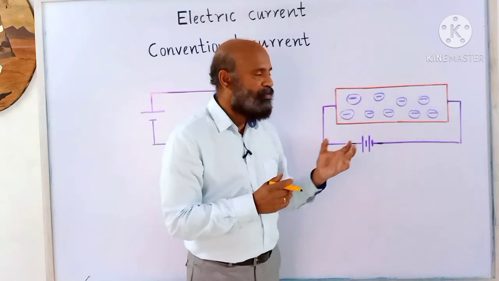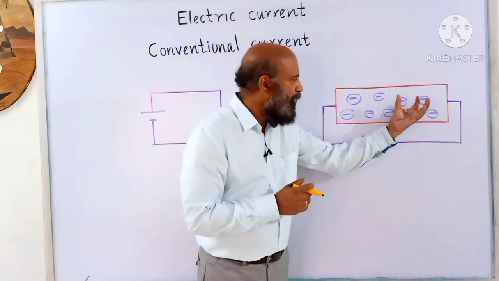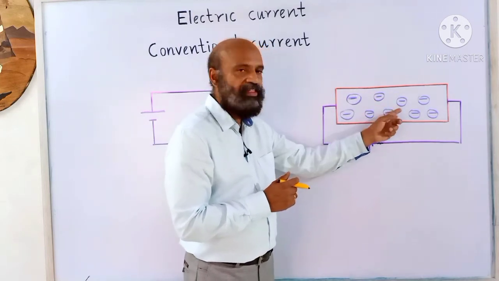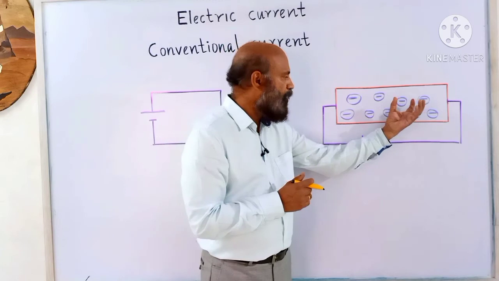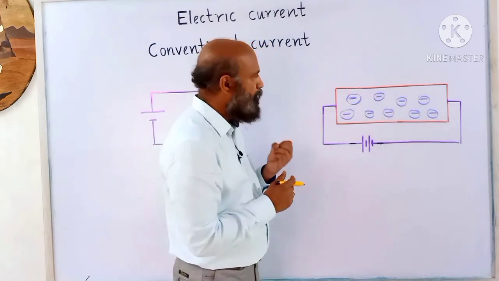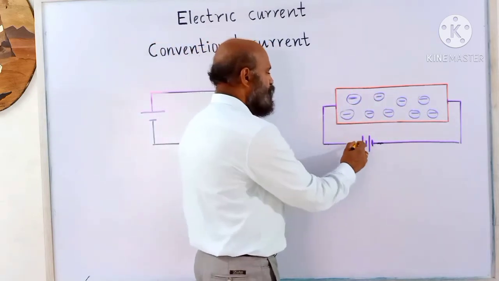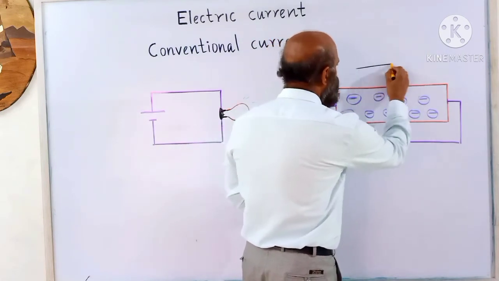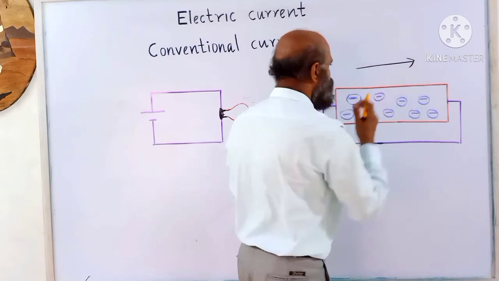Under the influence of the potential difference, the electrons will be moving along this direction because electrons are negatively charged, that is attracted by the positive terminal. So electrons are moving this direction. But the direction of the conventional current is from the positive terminal to the negative terminal. So this is the direction of the conventional current.